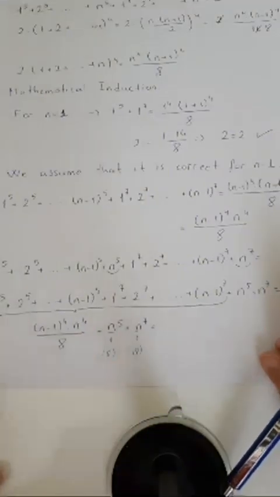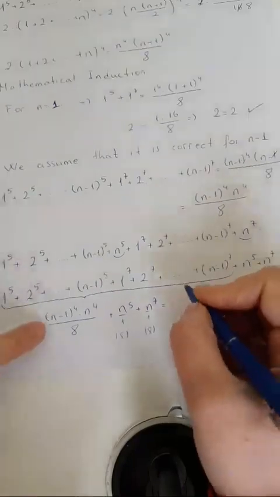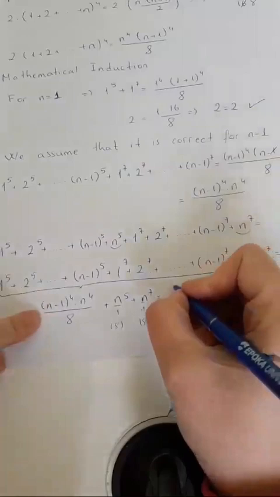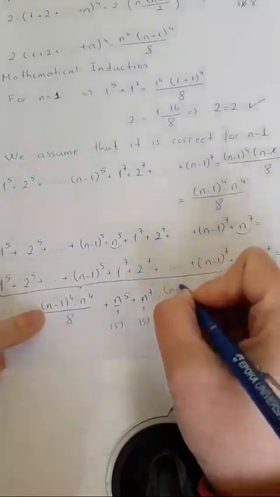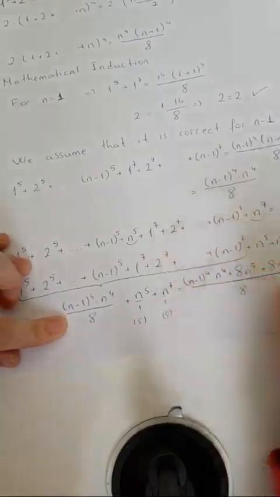It's better like this now. Okay, I'm continuing. Now it will come: (n minus 1) to the power of 4 times n to the power of 4 plus 8 n to the power over 8 is equal to.